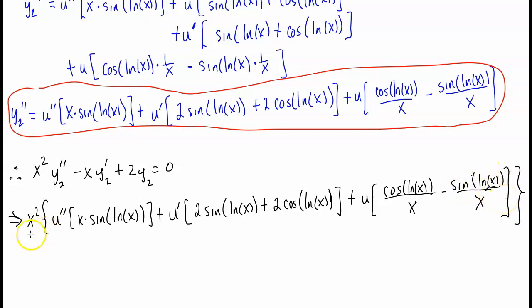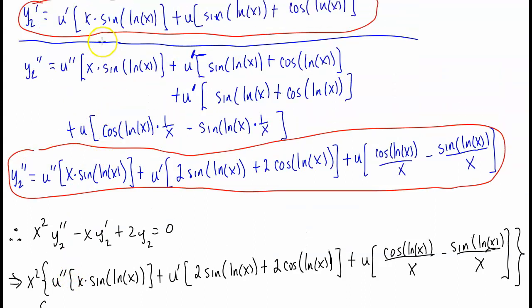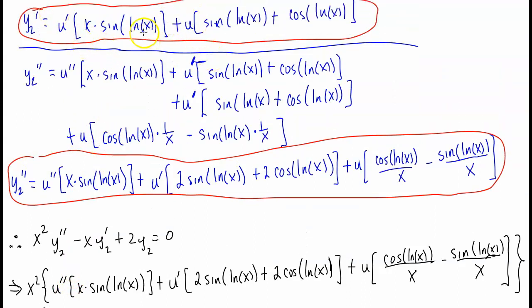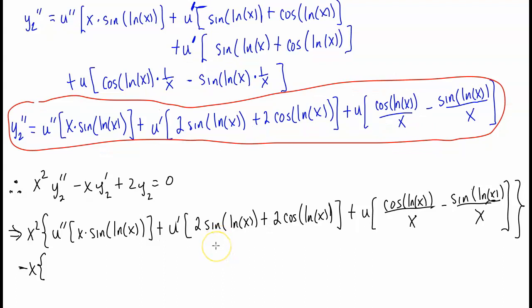All that's there. And so next we'll have the minus x here, and we're going to substitute in what y sub 2 prime is, which was this business up here. So this first term with the u prime times x times sine of natural log of x, we're going to put that under here, and then this term here we're going to put that under here. All right, so we have plus u prime and then x times sine of natural log of x.